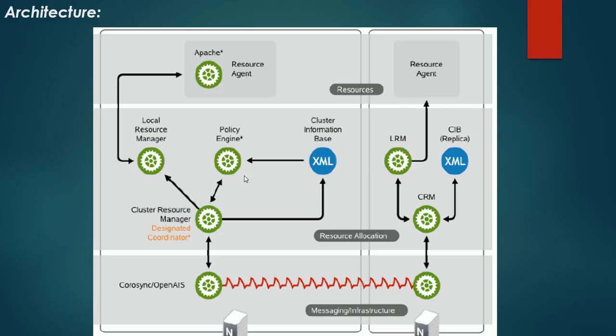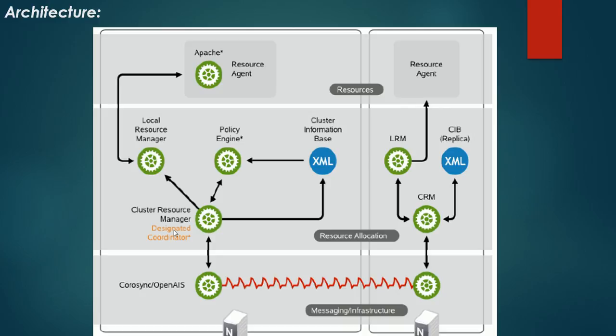So how do they communicate when there is a request? For example, I just wanted to move a resource group from one node to another, right? So I just ran a command, crm resource move, resource name and the node name. When I initiate that command, how does it communicate? The cluster resource manager decides, and also the designated coordinator.